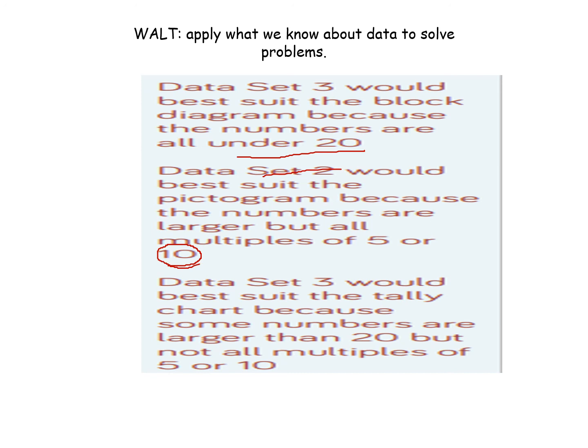Data set 3 would best suit the tally chart because some of these numbers were larger than 20, but not all of them were multiples of 5 or 10. So it would have been tricky to show those in multiples of 5 or 10 on a block diagram or a pictogram.